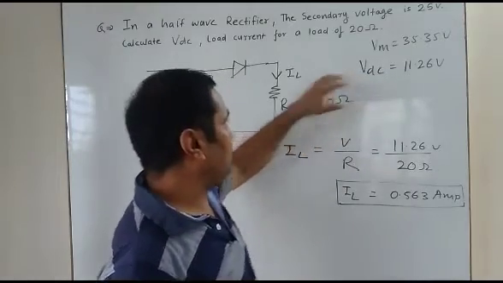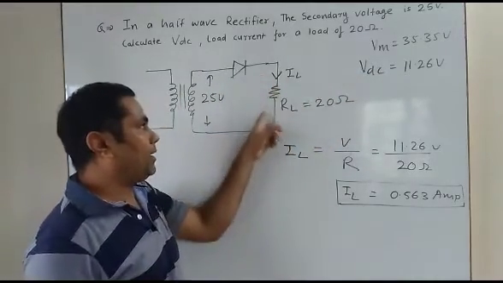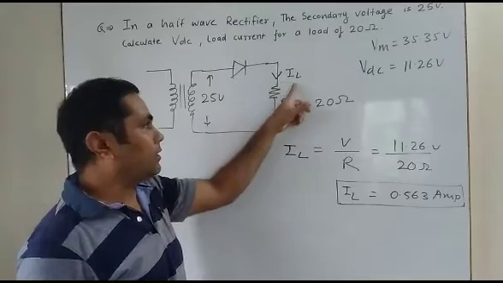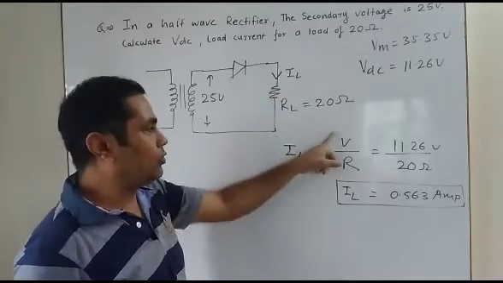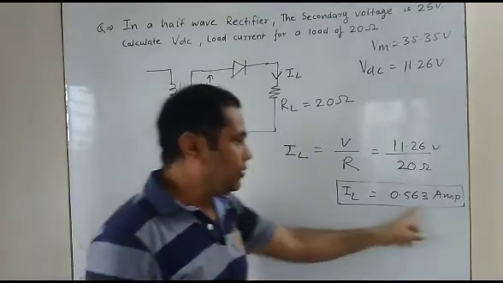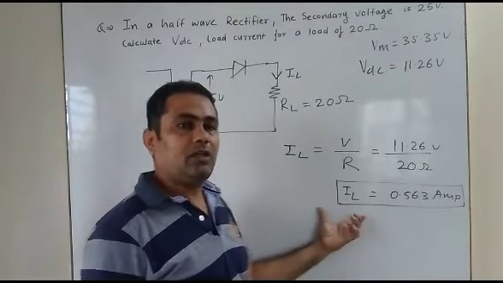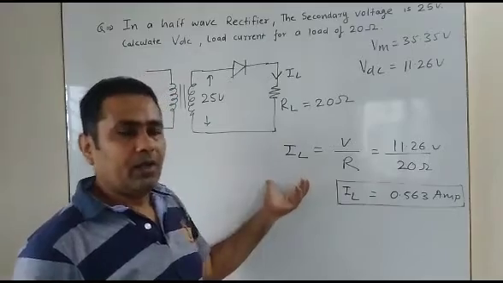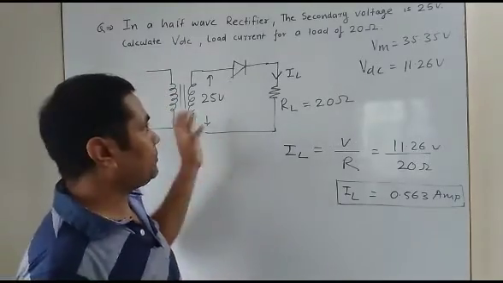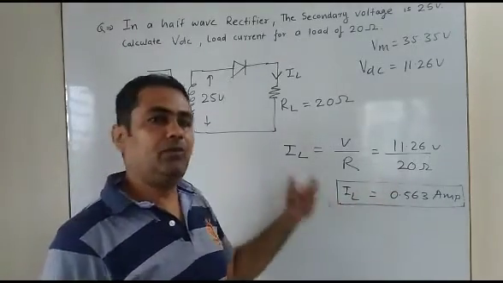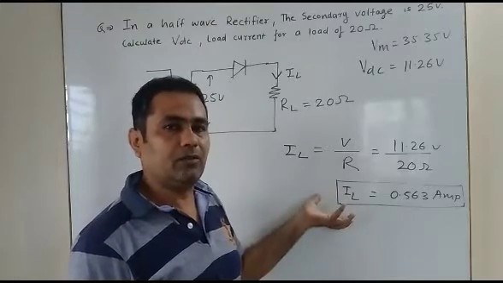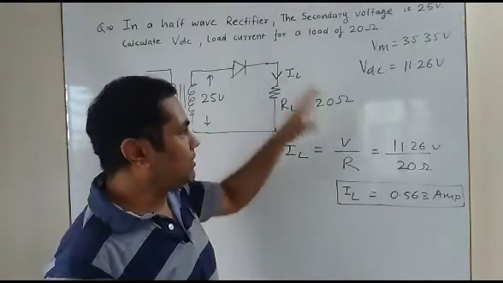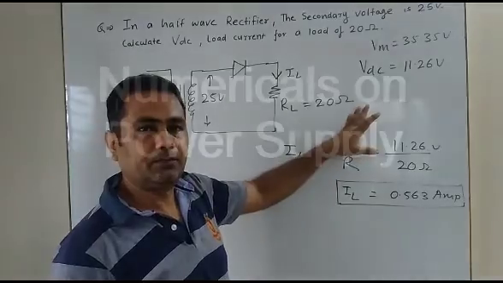Then the same DC voltage can be used to find the current through the load resistance, IL, using Ohm's law. In this way we can solve the numerical based on half wave rectifier. In other examples, three things will be given and you will be asked to calculate them in the same way.